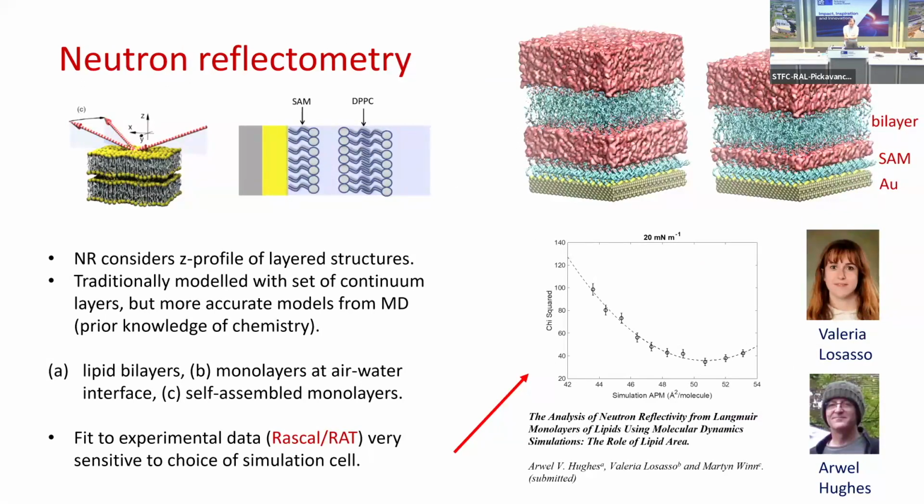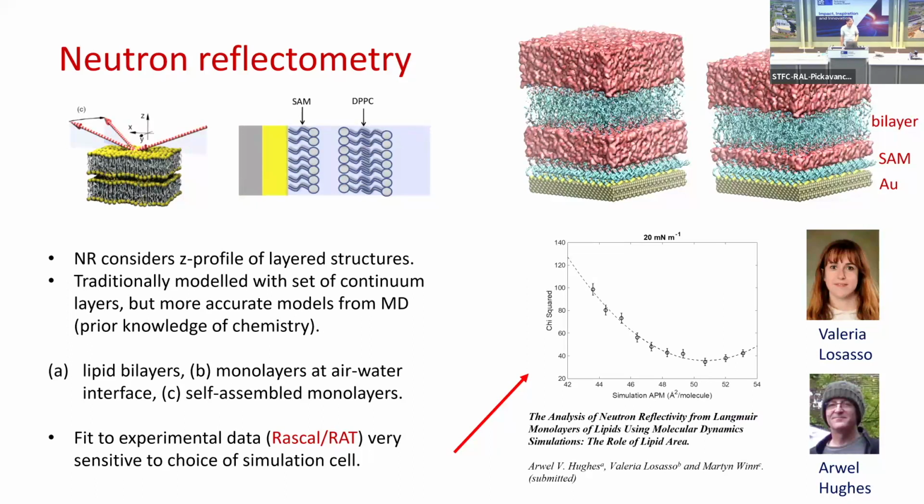We've been working with RL and Luke at ISIS on neutron reflectometry. They're looking at these complicated layer structures, typically kind of lipids or other surfactants monolayers with embedded peptides, proteins, glycans, whatever.